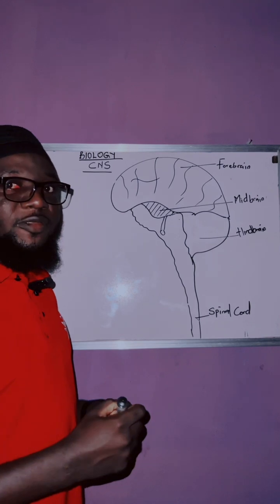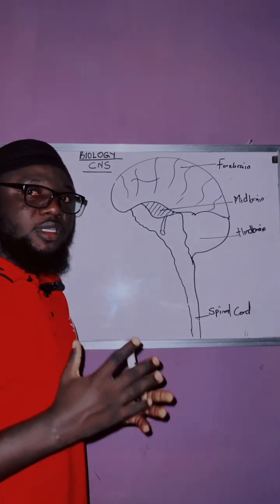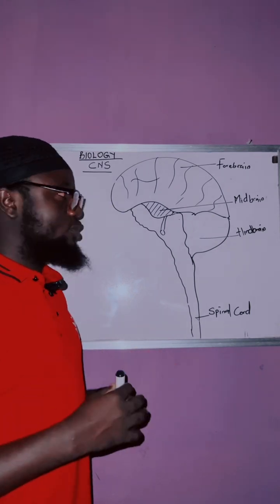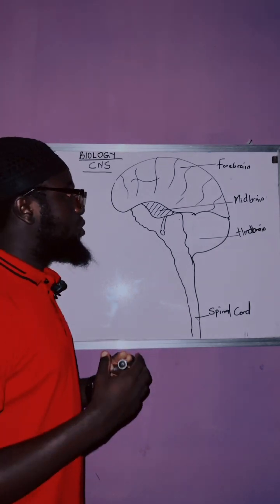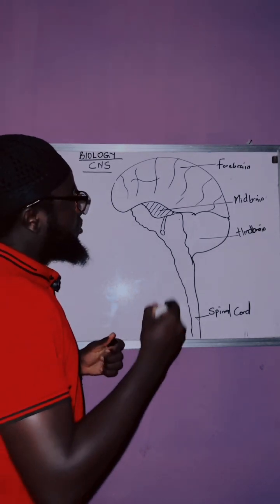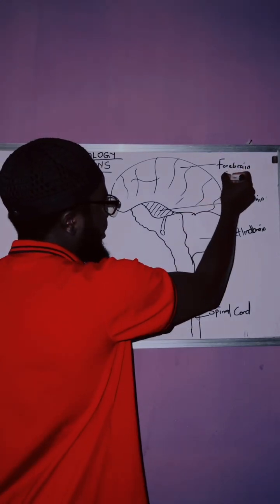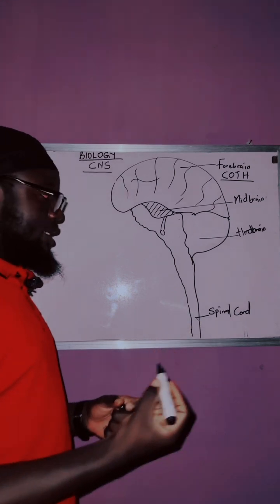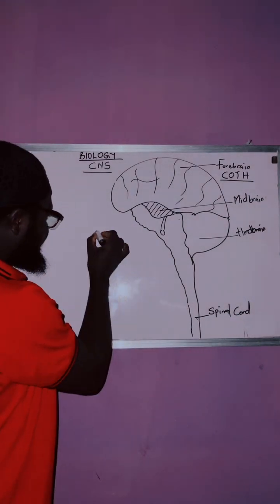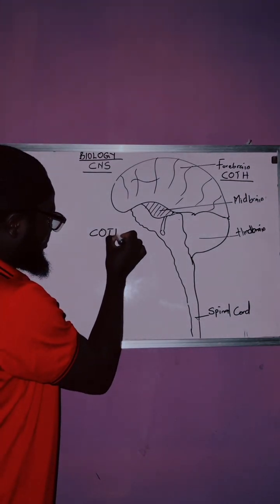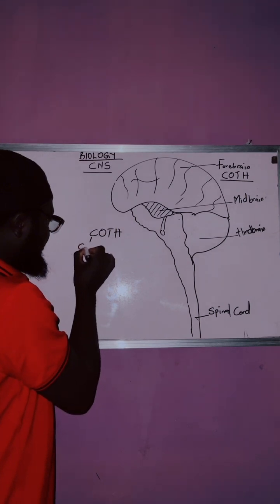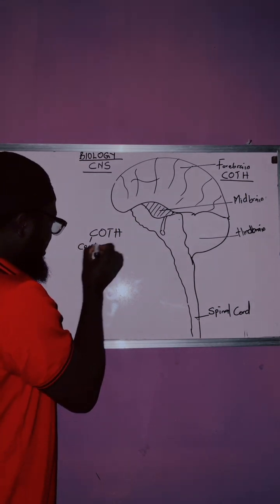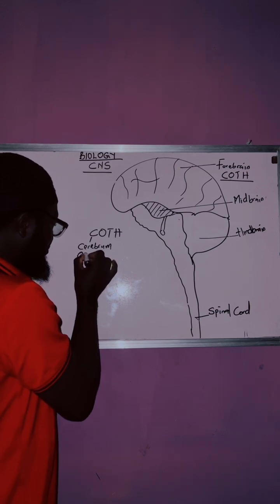For the sake of exams, I will give you a shortcut to help you remember the content of the forebrain. Call it COTH. C means the cerebrum. O means olfactory lobe.